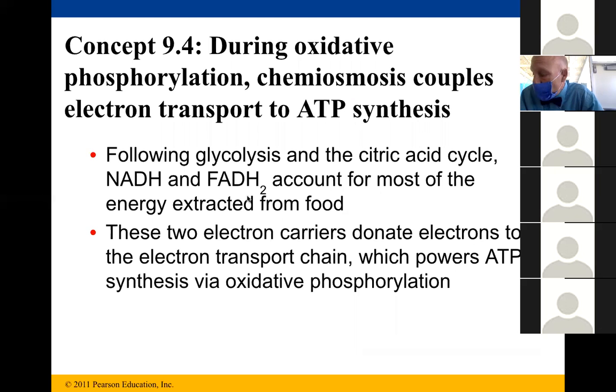I'll strangle you if you don't get this right on the test. Oxygen. That was not a threat. That was a hint, right? It's the oxygen that's going to get the electrons. When the electrons get to oxygen, we are done with this entire mess. And it's just a series of oxidation, reduction, oxidation, reduction, oxidation, reduction. Take the electrons from one molecule, you give them to another.